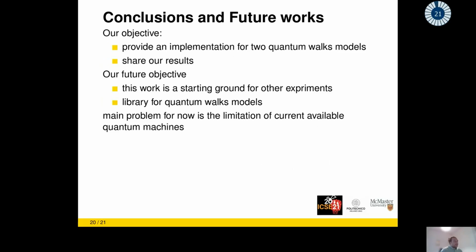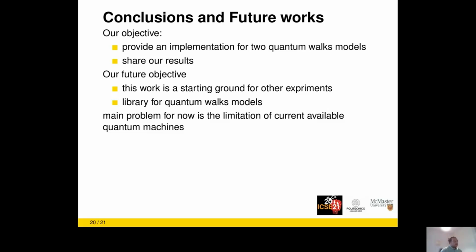And now we can conclude this presentation. With this work, we propose an implementation of these 2 quantum walk models, and we shared the results that we obtained by running these 2 models on an IBM quantum computer. This work is just a starting ground.